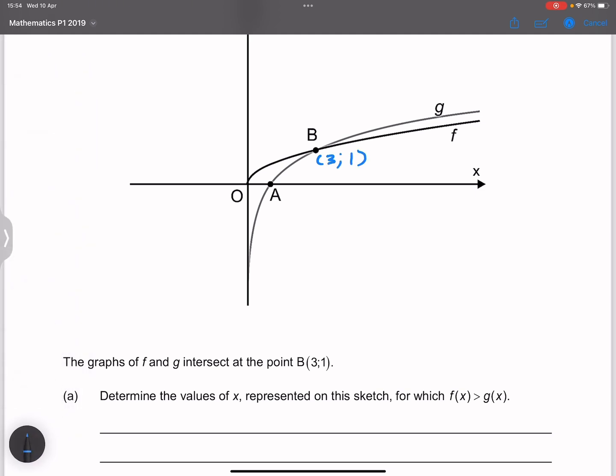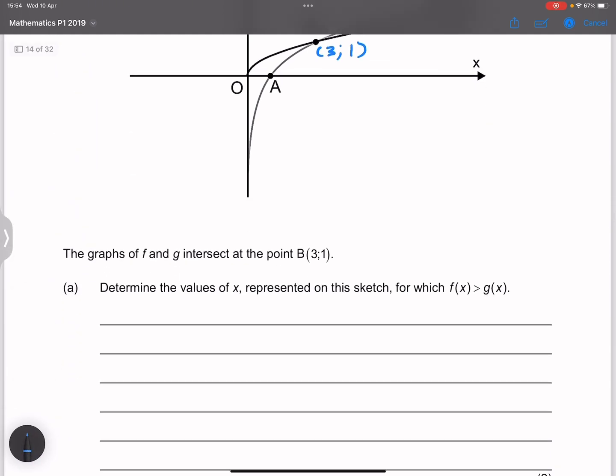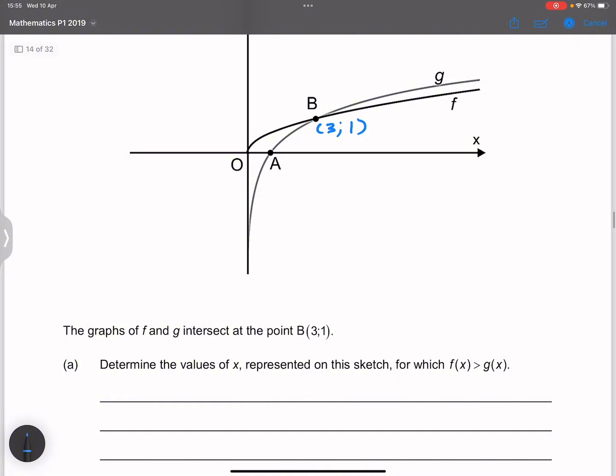Now they say to us, determine the values of x represented on the sketch for which f of x is greater than g of x. Now, what do we mean when we say f of x is greater than g of x? It means the one graph literally is above the other, right?